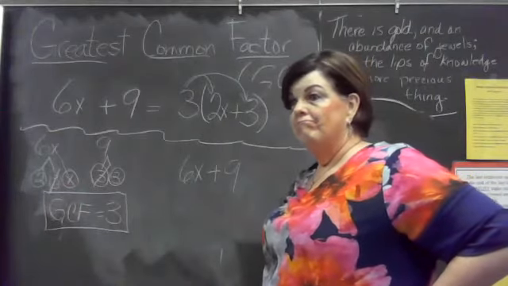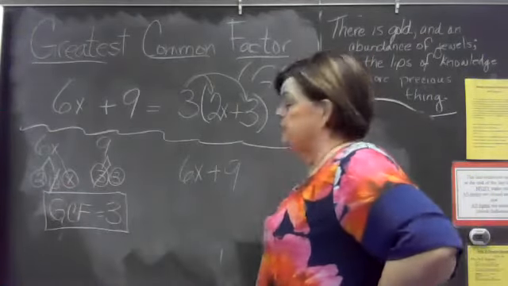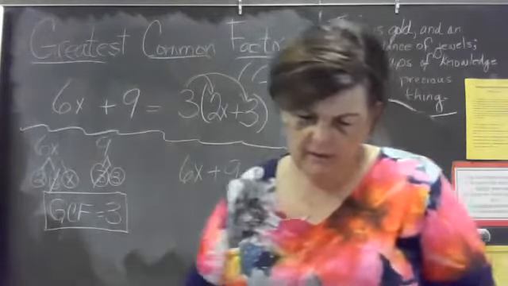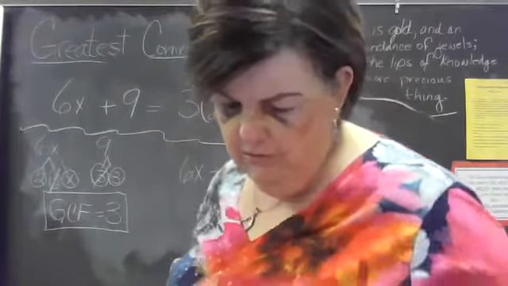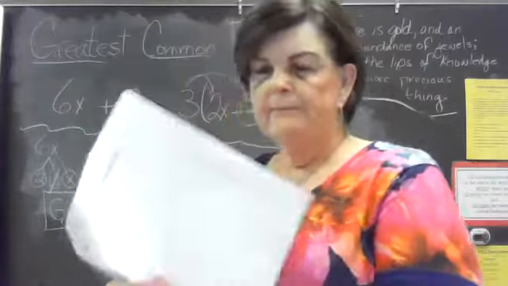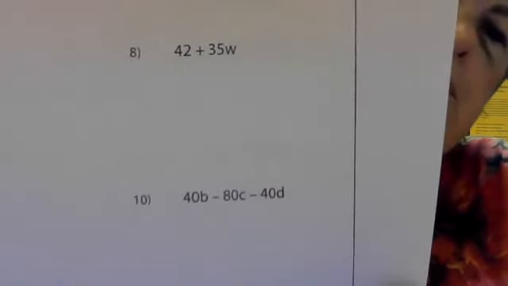Not bad? No. Okay, let's do another one. Let's see if we can get more things. Like on that page, let's go down to number 10. We're going to be doing number 10 down here.